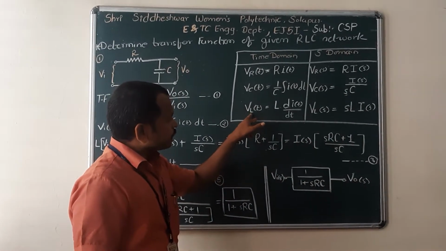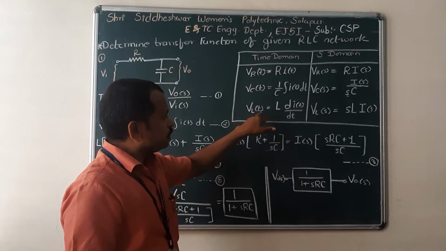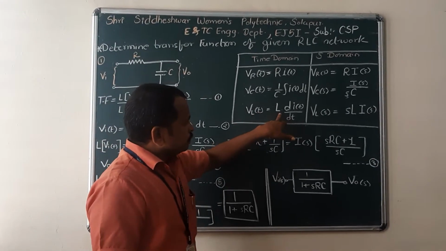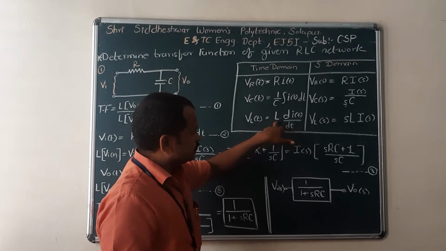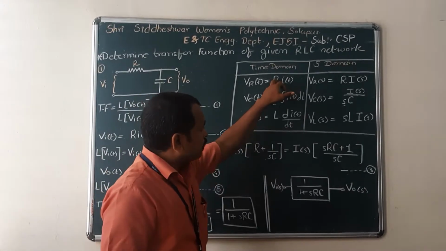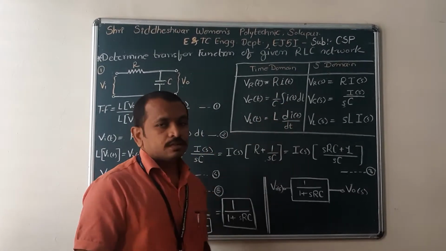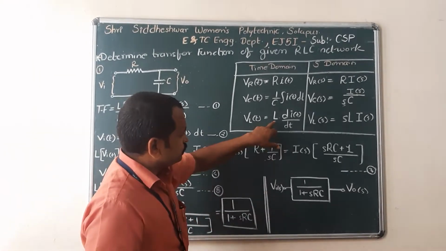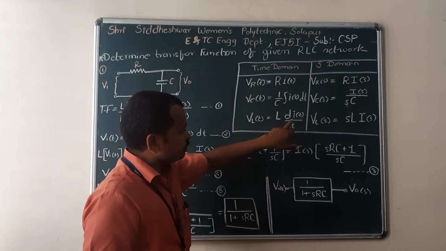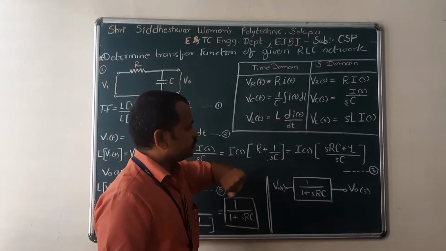Next one, the inductor, VL of t. How to find the voltage across an inductor? L is the inductor. R, C and L are constant values. They will not change with time, so L acts as a constant, and VL of t is L into di by dt.